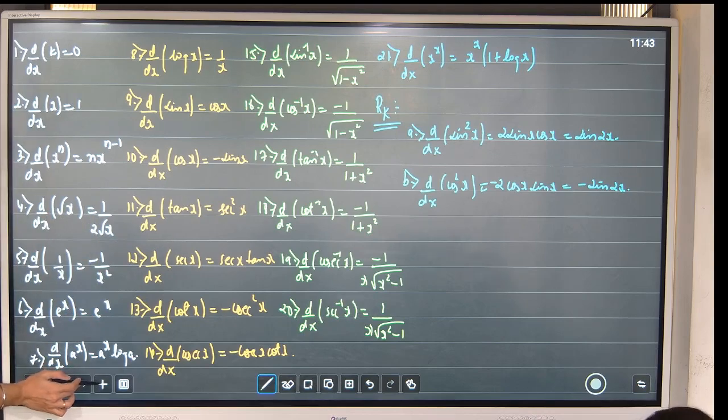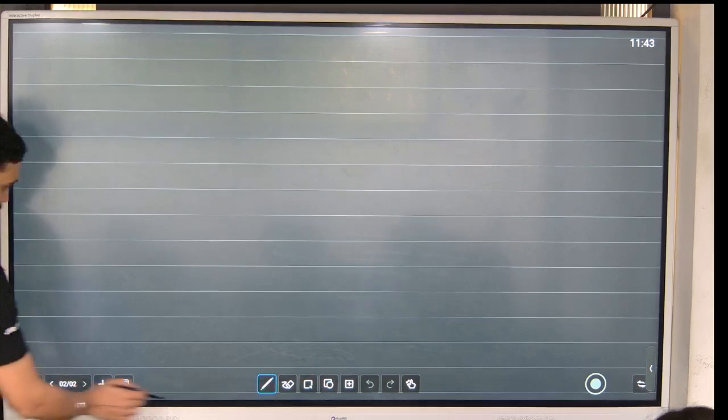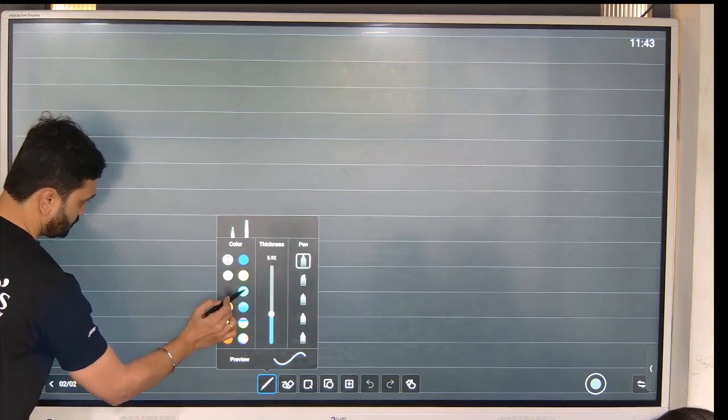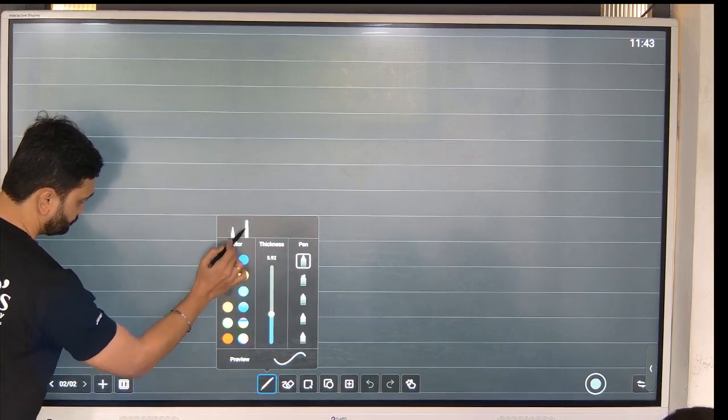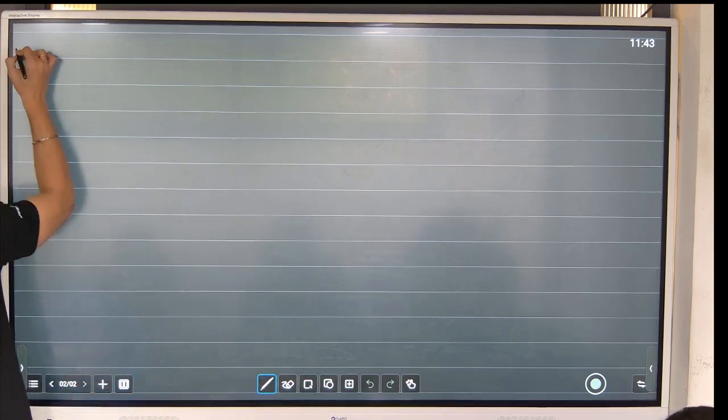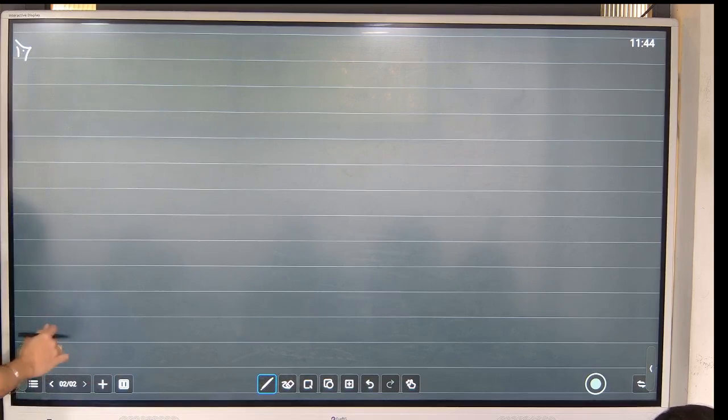Now when we start with the first question, okay, everyone just pay attention for 2 minutes. When I start with the first question, always remember that if you are doing any question with respect to differentiation, how are we going to differentiate?